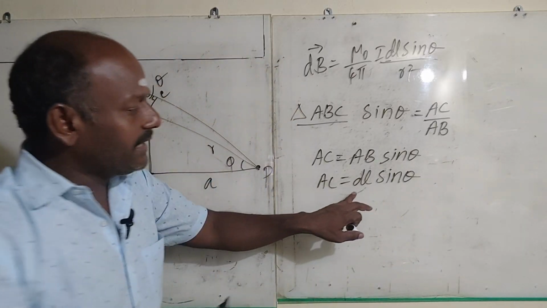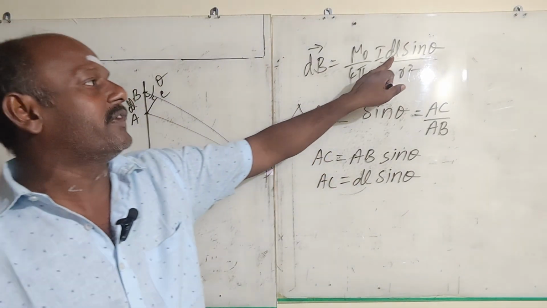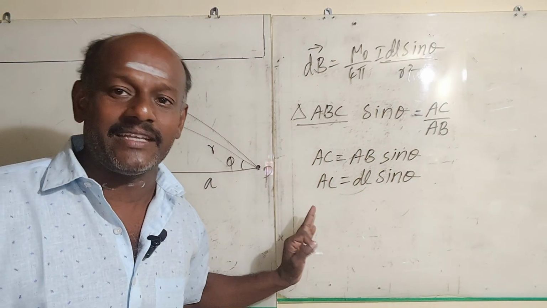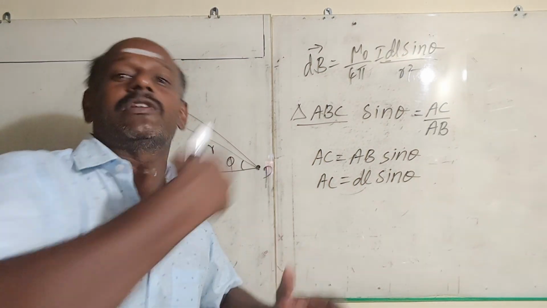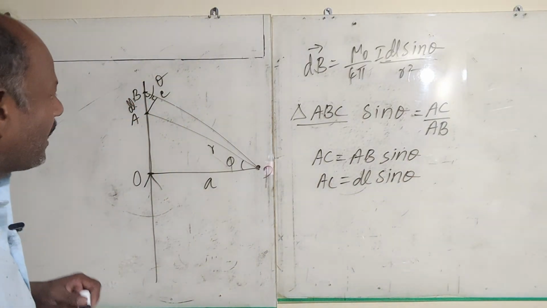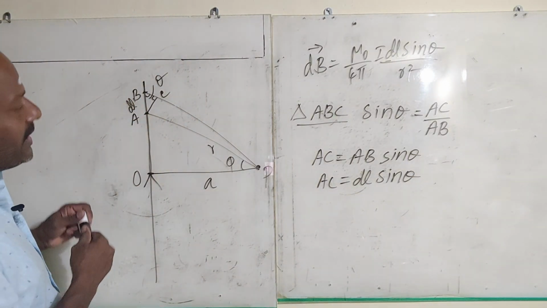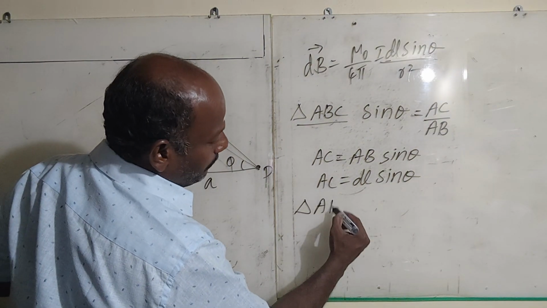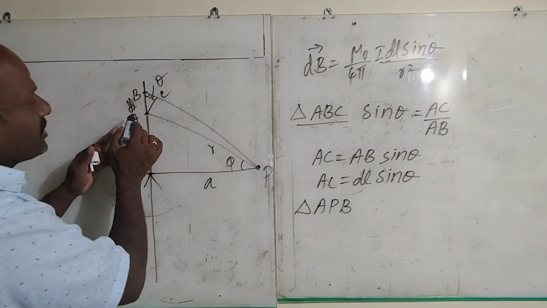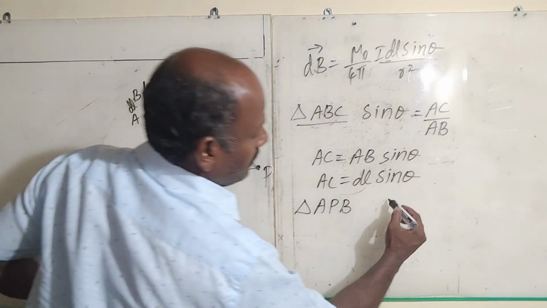So in the formula, instead of dl sin theta, I can simply write AC. But what is AC? I have to write it in terms of some other value. For that, I am going to consider the triangle APB and the triangle APC.